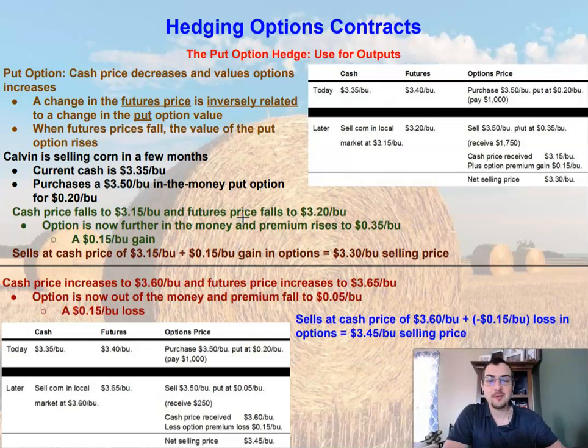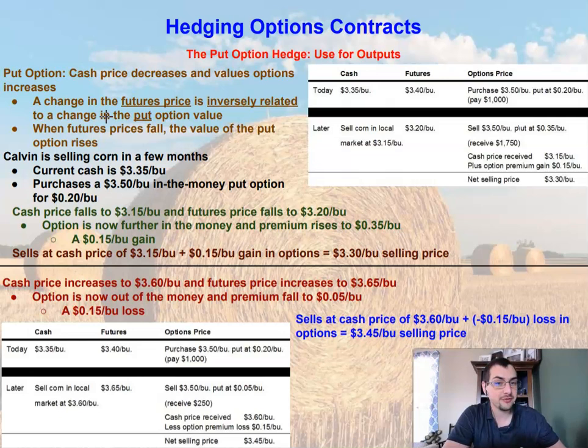So what we need to keep in mind, some of the key points out of this particular lesson, is that whenever we are dealing with a put option, the value of the put option is inversely related to the change in the futures price. Meaning if futures prices go up, the value of that put option is going to go down.